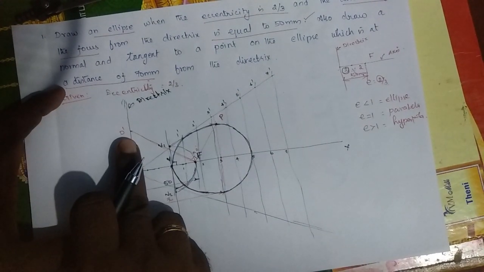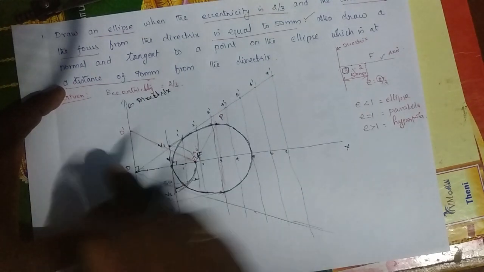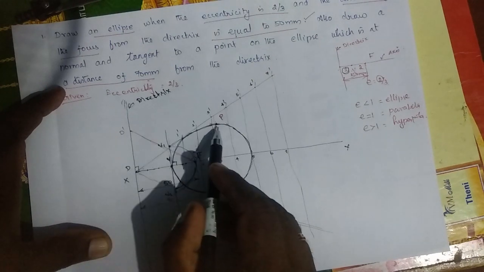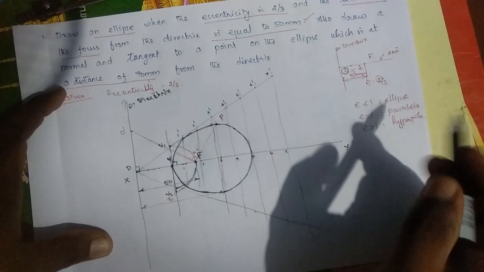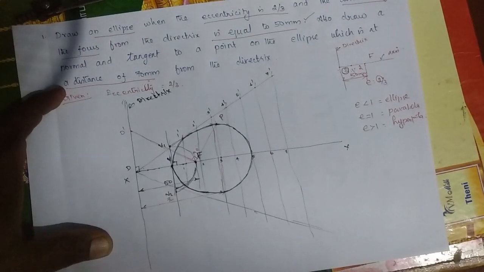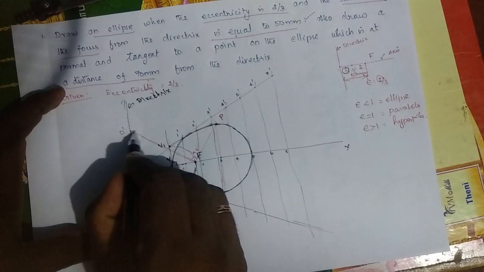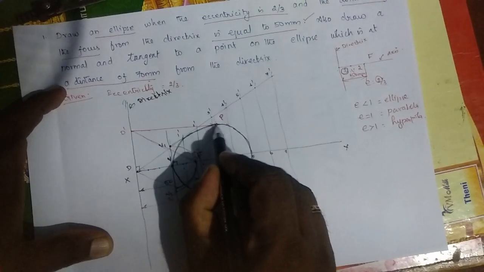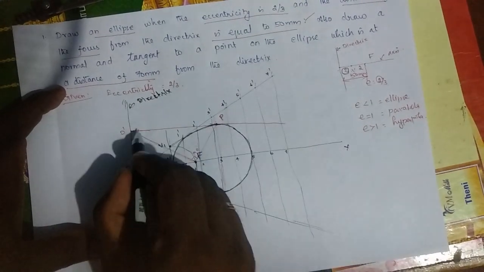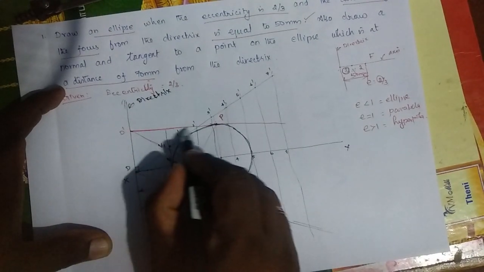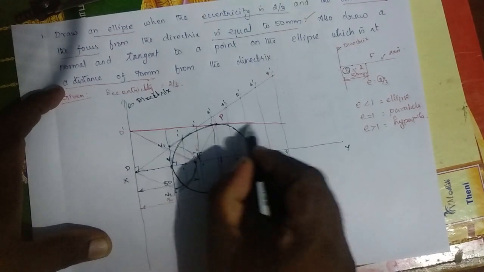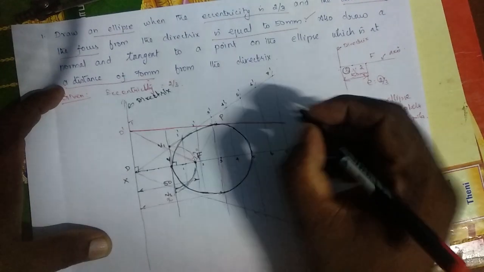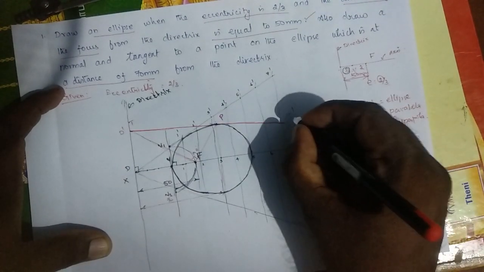So from D dash you just draw a line through P. This line is called the tangent. I can name this line T dash.